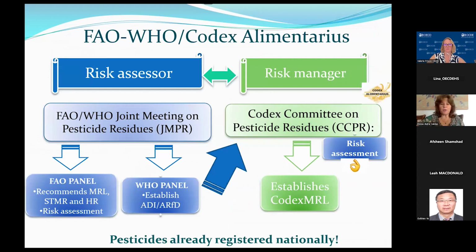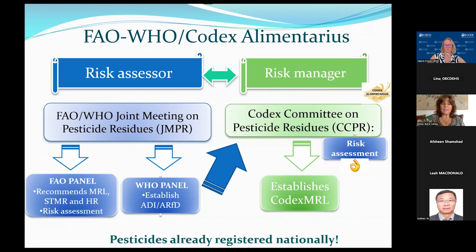And I think it's important to contextualize the JMPR within the FAO, WHO, and Codex Alimentarius system. So the JMPR is the risk assessor, and the CCPR is the risk manager.